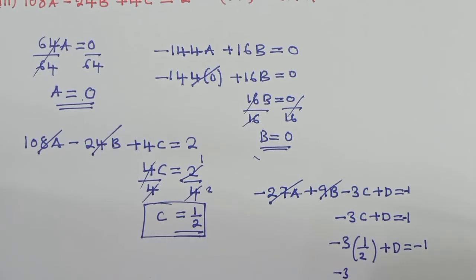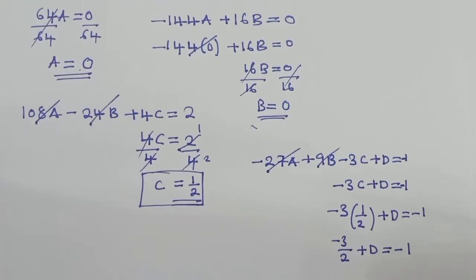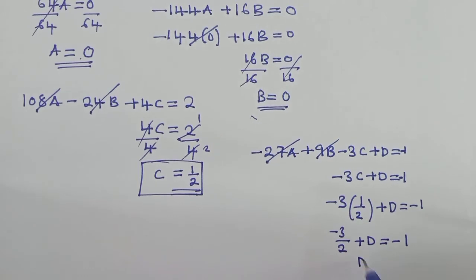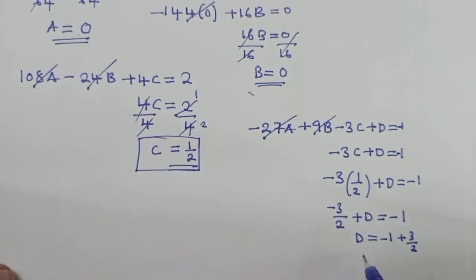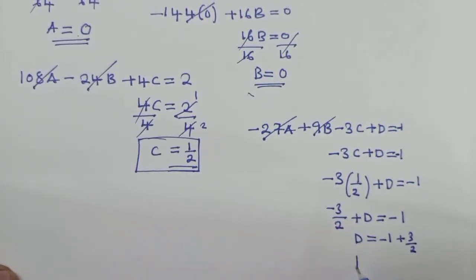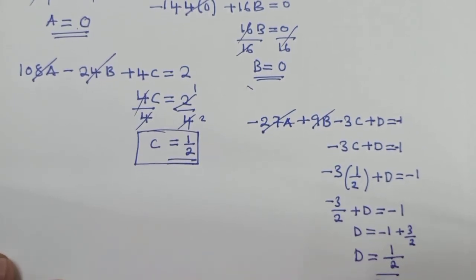We have negative 3 over 2 plus d is equal to negative 1. So we solve for d. When we group the like terms and work it out, we shall get our d to be equal to 1 over 2 right here.